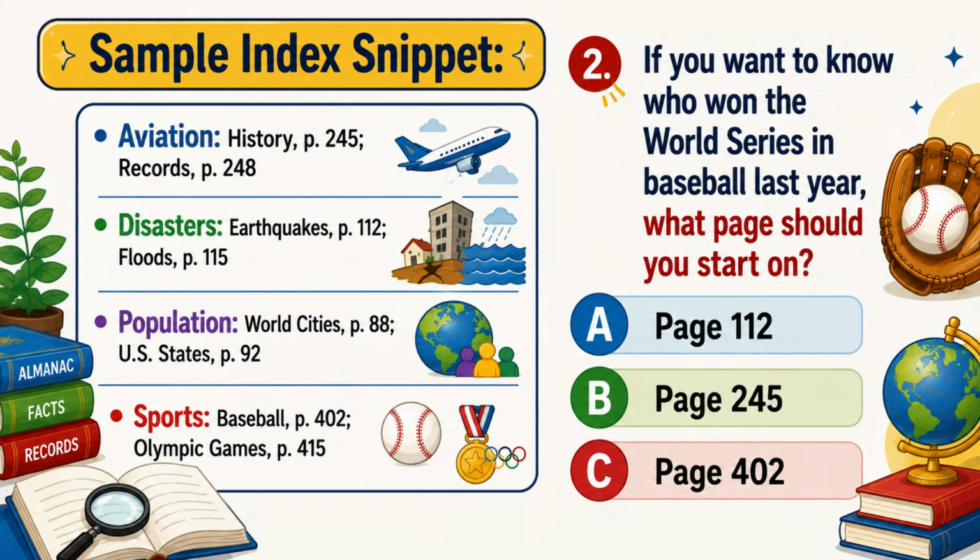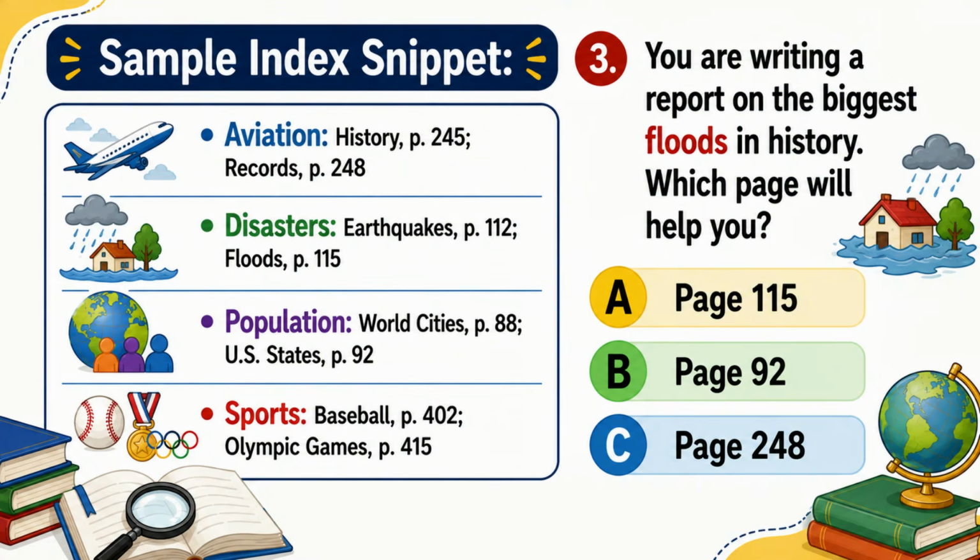A. Page 112. B. Page 245. C. Page 402. Number 3. You are writing a report on the biggest floods in history. Which page will help you? A. Page 115. B. Page 92. C. Page 248.